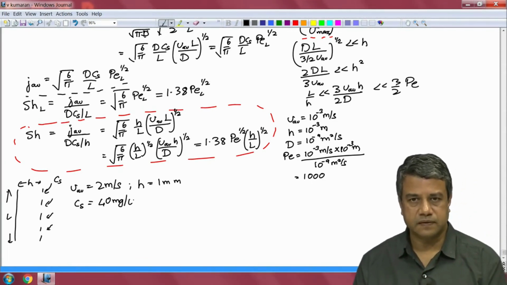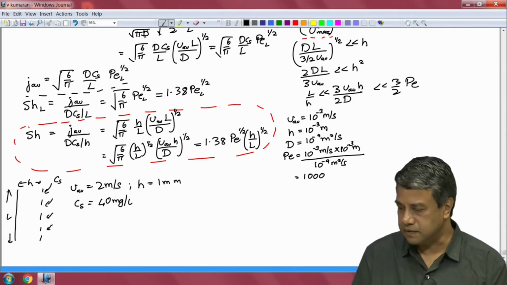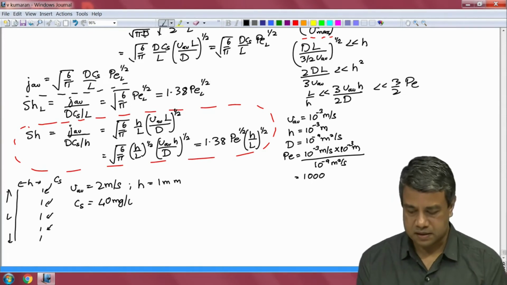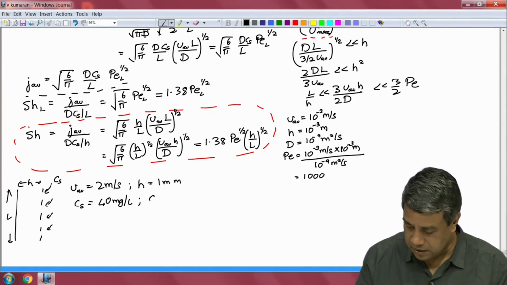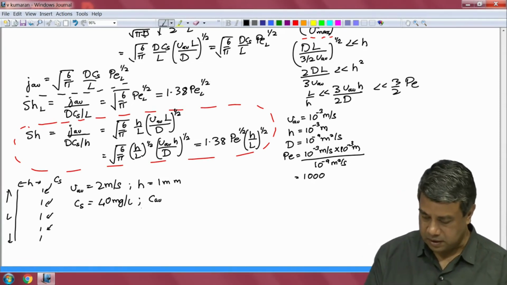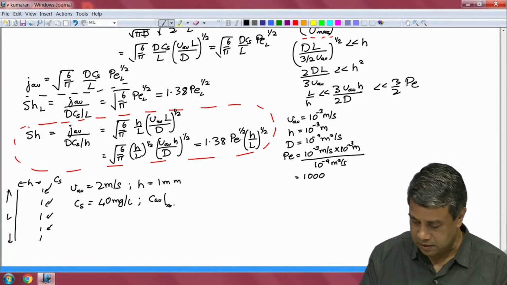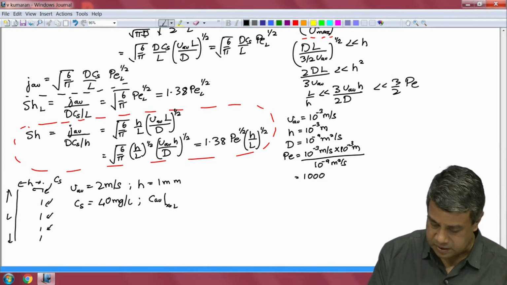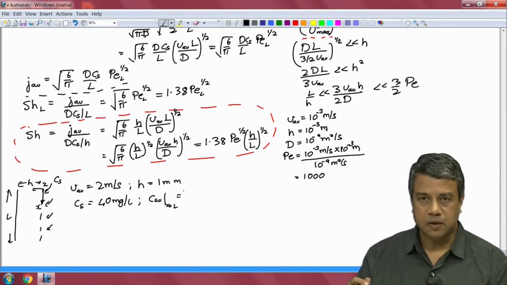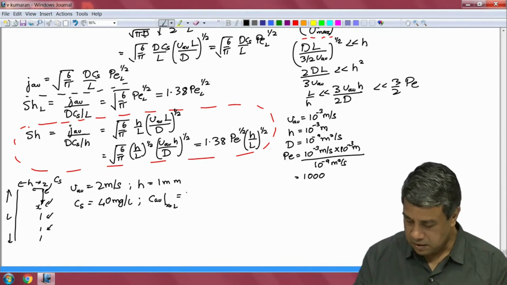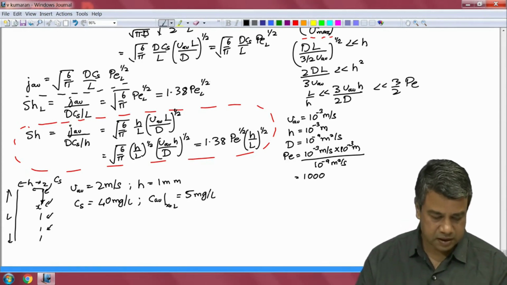So, that is the equilibrium concentration of the pollutant at the surface, and I would want the average concentration at the outlet, at x is equal to L. If I take this as Z and this as x, I want to dissolve an amount of the solute, the pollutant, of average concentration 5 milligrams per liter at the outlet.